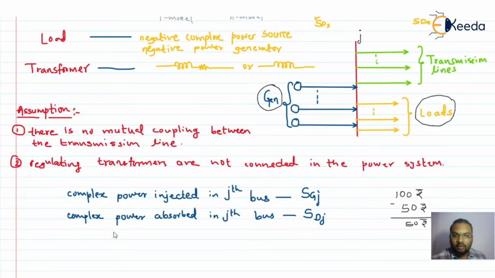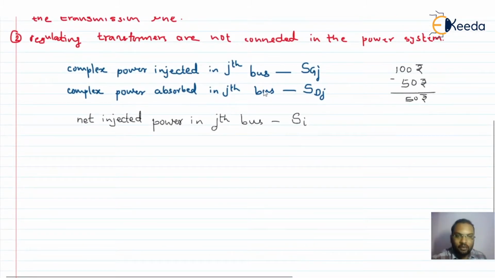So how can we write the net injected power in the jth bus? Let that be SI. So how can I formulate this SI? Oh, it should be SJ.